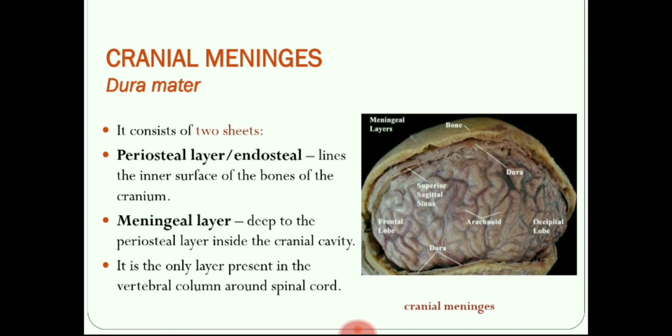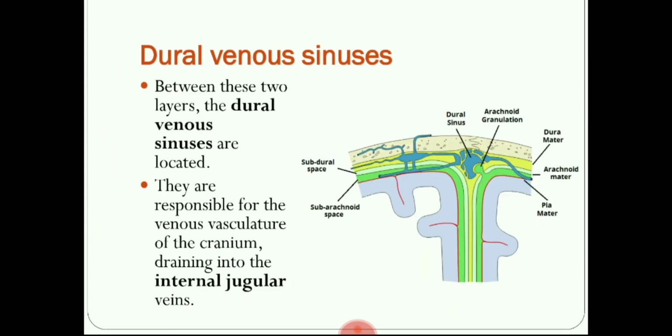And this meningeal layer dips down into some of the depressions in the region of the brain tissue, within the sulci, and it forms a fold. So these are the dural folds or dural reflections. Now look at this red colored area bounded here.